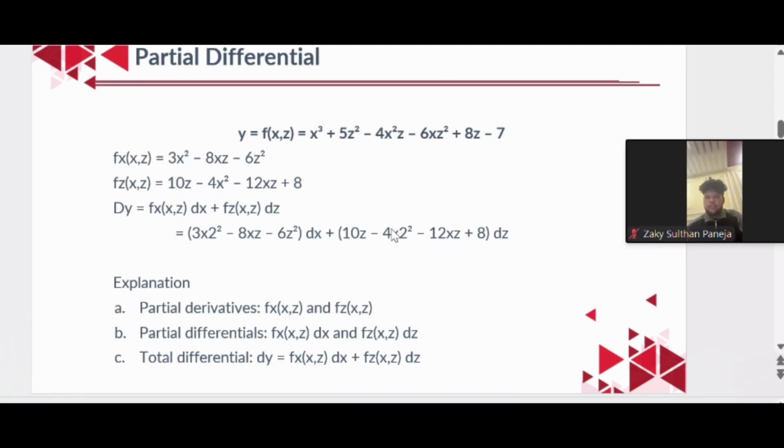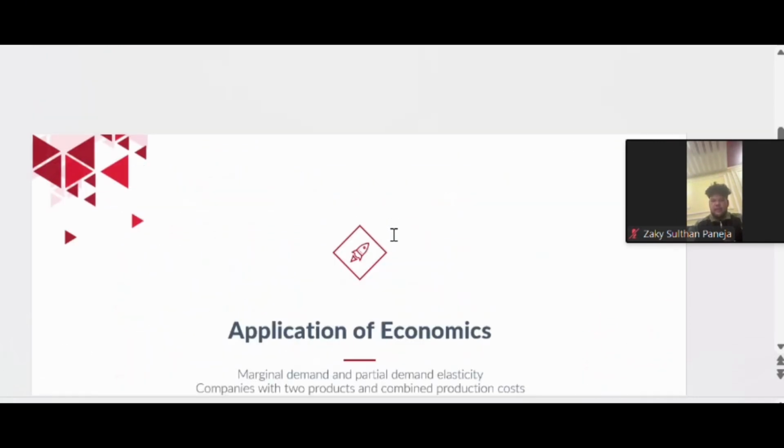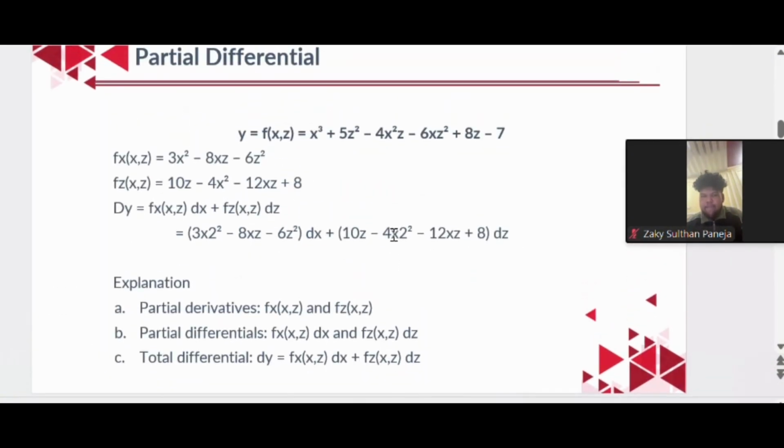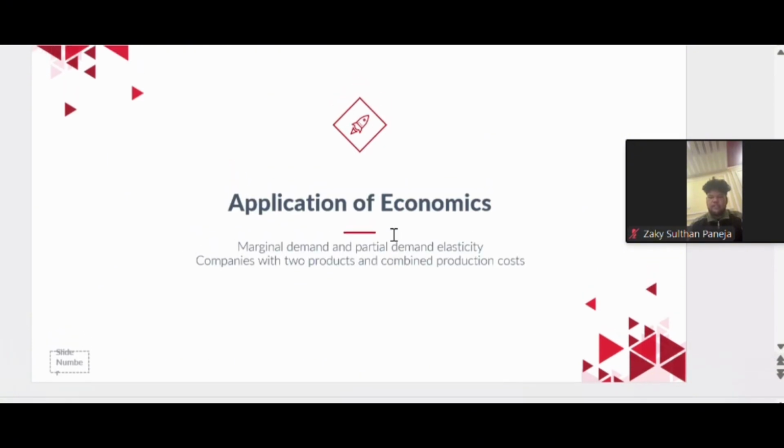That's the total differential, where f_x is the partial derivative and f_z is the partial derivative.